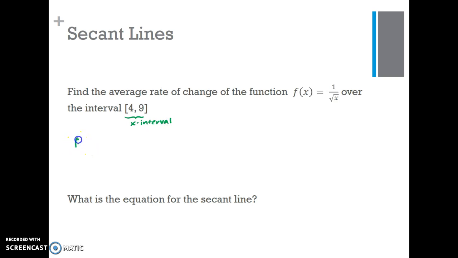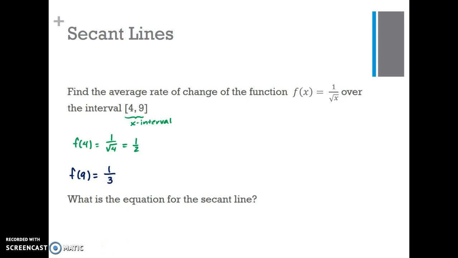So at 4, f of 4 would be 1 over the square root of 4, or 1/2. And then at 9, f of 9 would be 1 over the square root of 9, or 1/3.